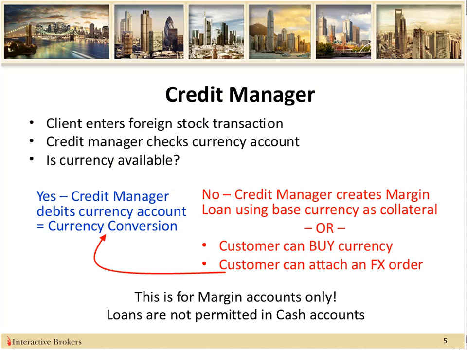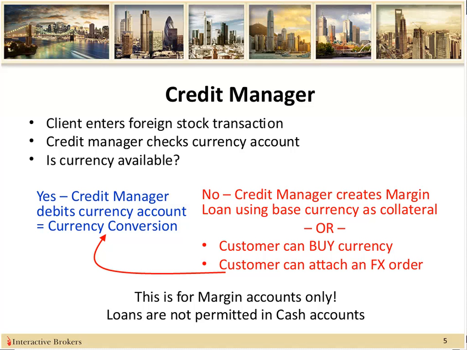If it does, that credit balance is used first. If not, IB automatically creates a loan in that currency to cover the settlement value of the transaction. In other words, two separate methods exist for dealing with non-base settlements. Customers either deal with a currency conversion or they are dealt a margin loan.